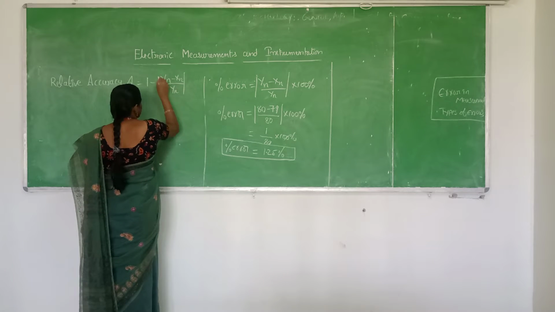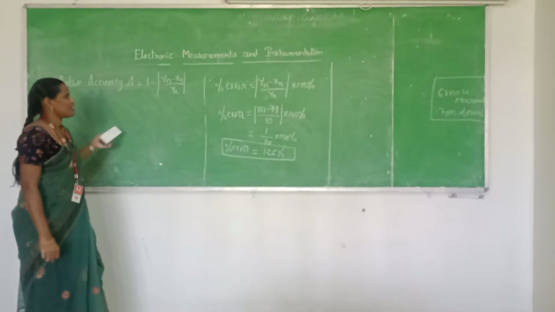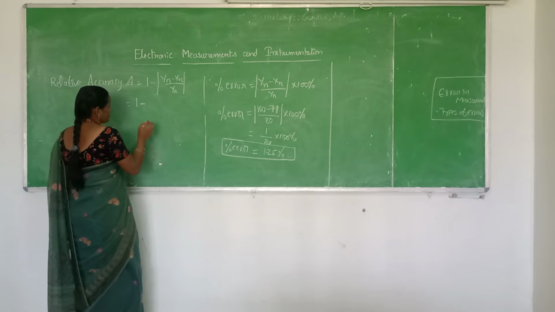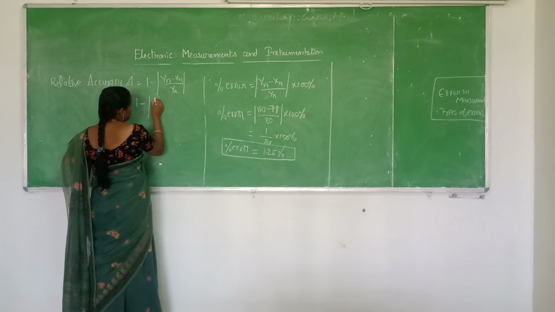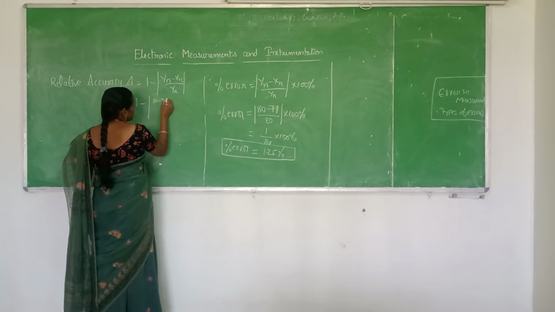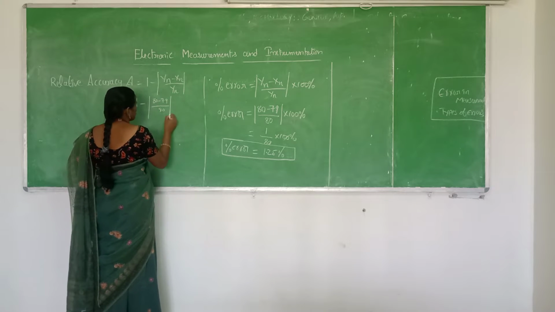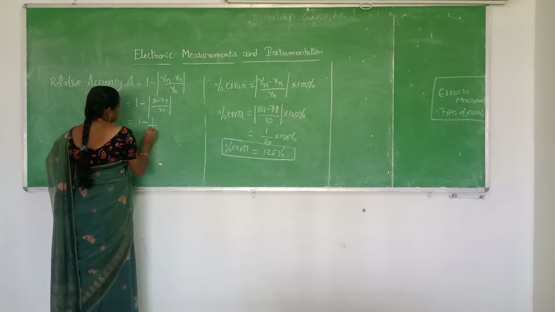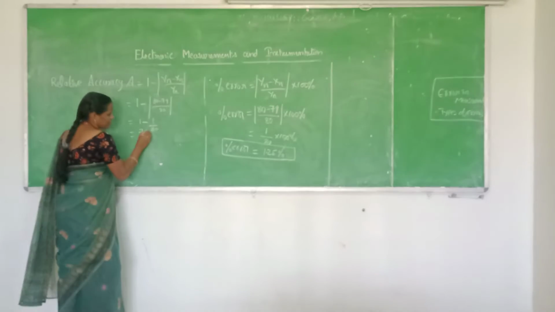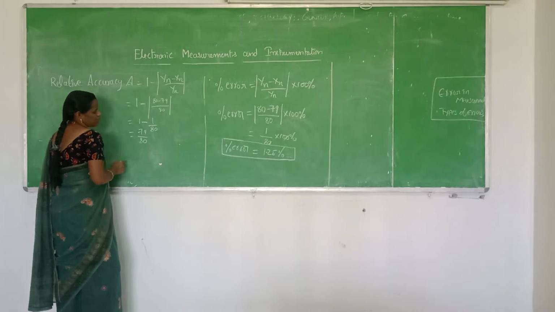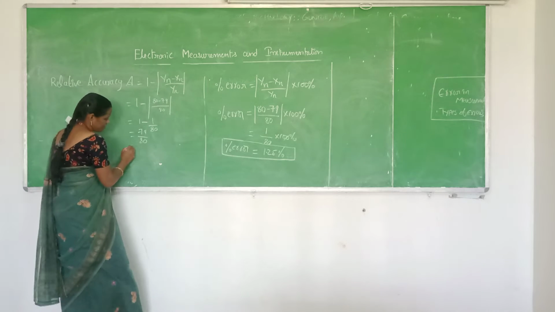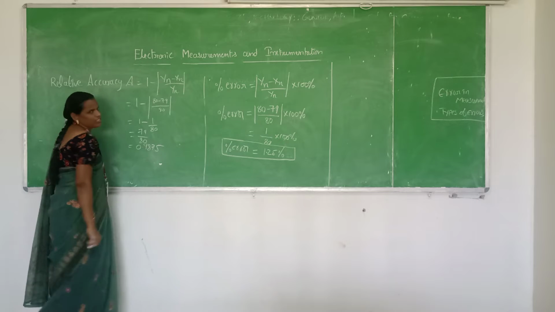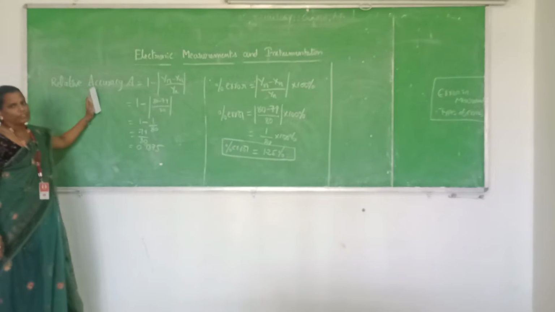So we have to subtract (yn minus xn) by yn from 1, which is 1 minus (80 minus 79) by 80, which equals 1 minus 1 by 80, which is 79 by 80. If we calculate this, we get 0.9875. This is the value of relative accuracy.